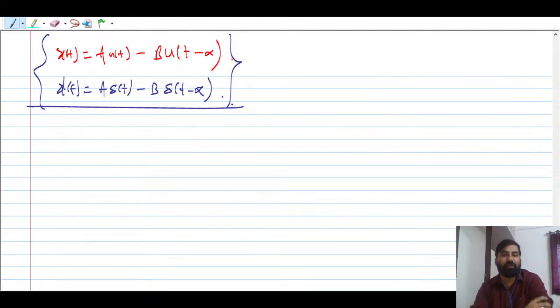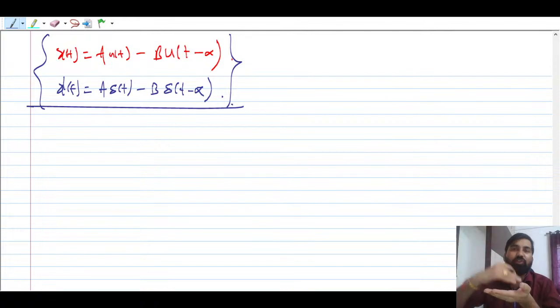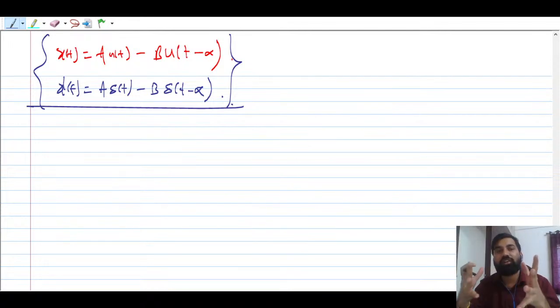In general, you have to remember that the derivative at a jump results in an impulse. If there is a jump, there will be an impulse whose strength equals the jump. The strength of the impulse is going to be the jump only.